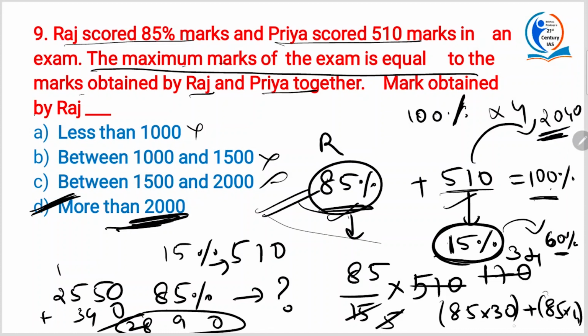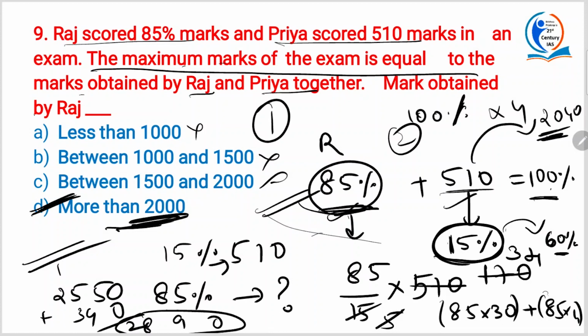Actually, you don't need to do all these things. If they ask you what is the mark obtained by Raj in absolute numbers, then you have to do this. This I explained for you to have a clear understanding. So that is method 1. Now method 2 is common sense. 15%, even if you do 4 times, it is 60%.